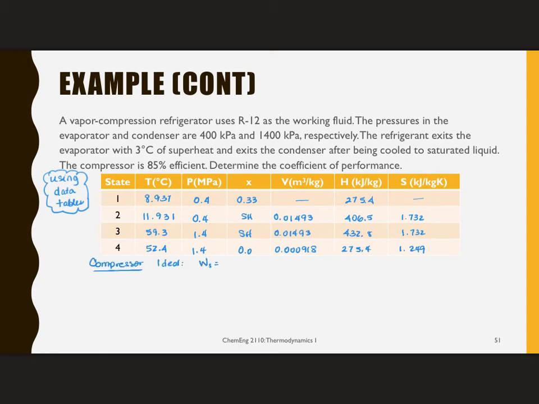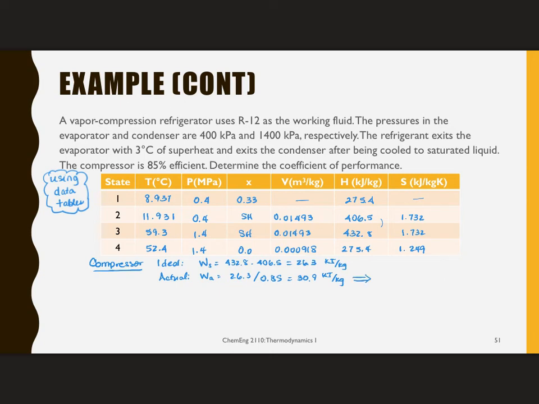The ideal work is going to be the delta H across the compressor, so therefore it's 432.8 minus 406.5, or 26.3 kilojoules per kilogram. Okay. The actual work of the compressor is going to be using the efficiency, so 26.3 divided by the efficiency of 0.85 tells me that the actual power for the compressor is 30.9 kilojoules per kilogram.